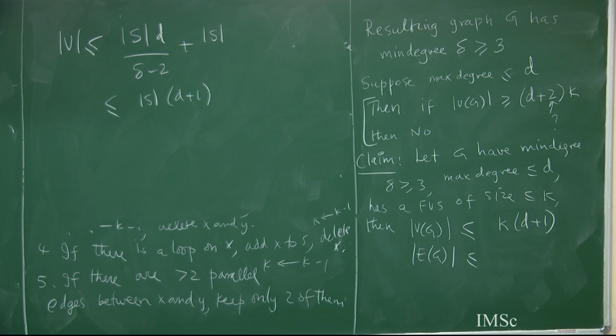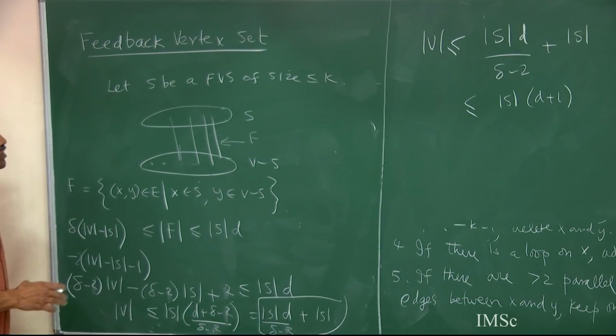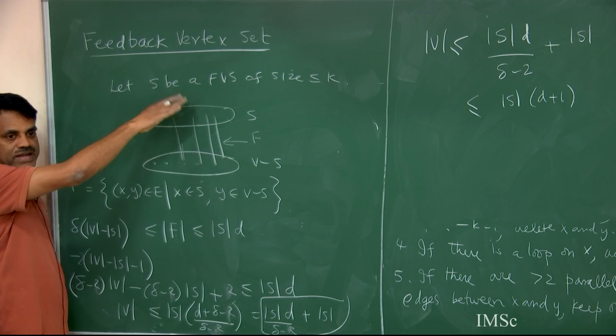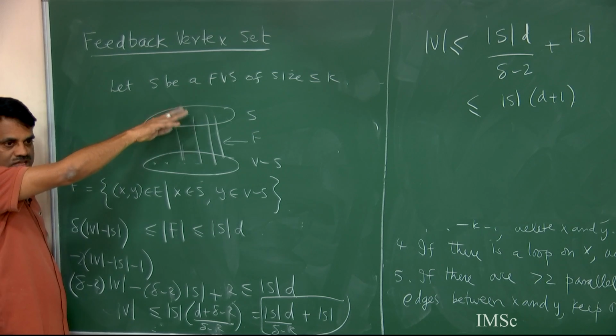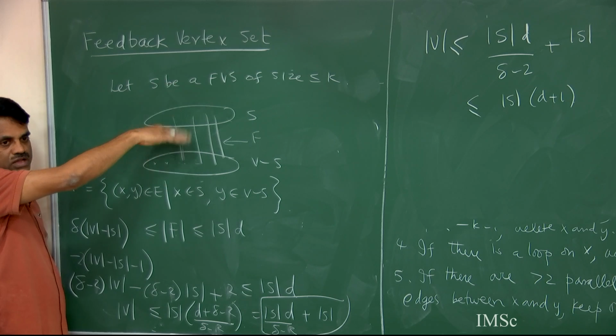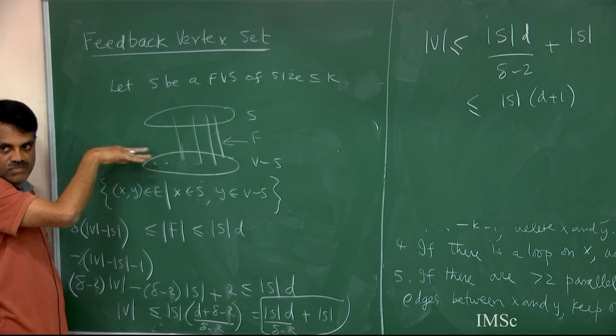And the number of edges in the graph is at most, let's now say at most d times k incident on these guys, that includes inside and outside, plus the forest, right?